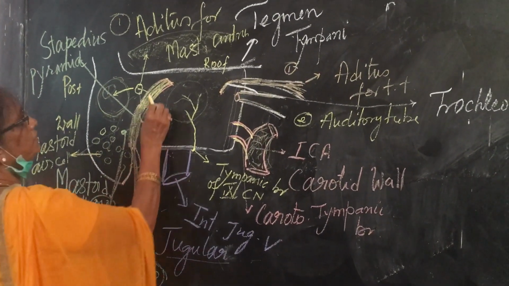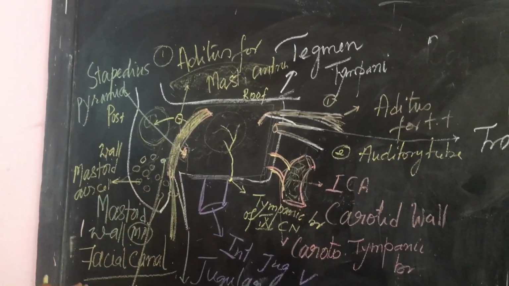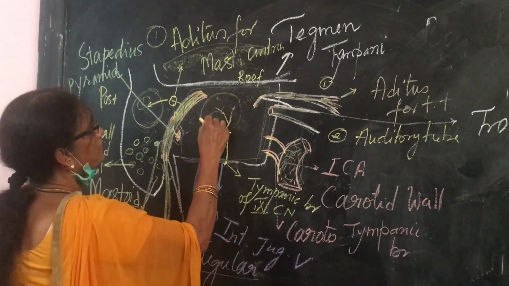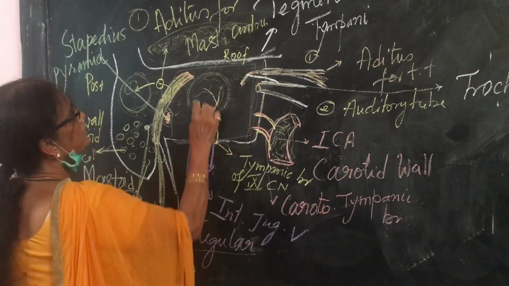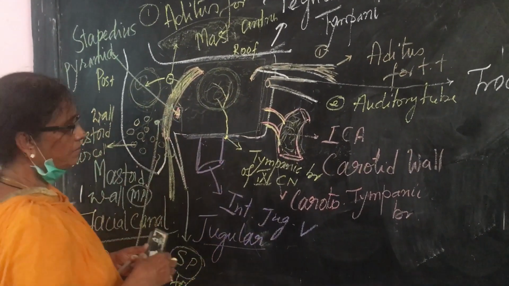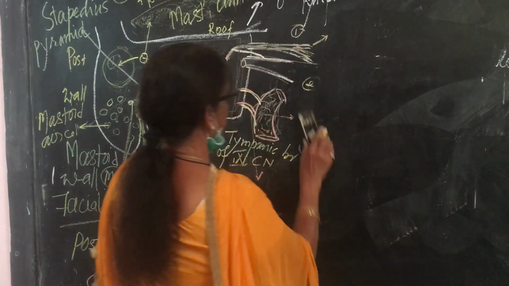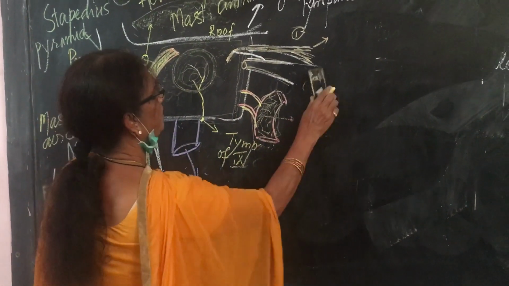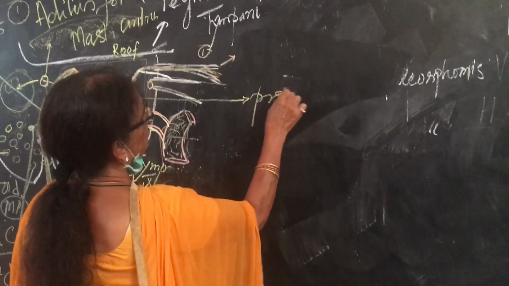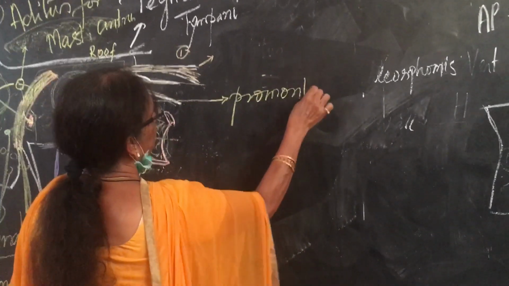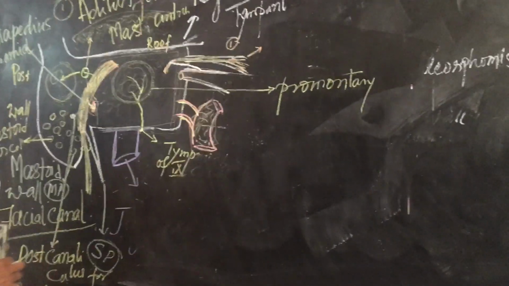Now coming to the medial wall. In the medial wall, there is a small bulge into the middle ear cavity. This bulge you call the promontory. The promontory is the major feature of the medial wall.